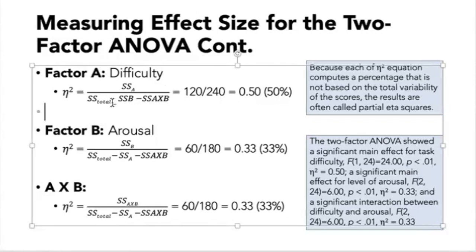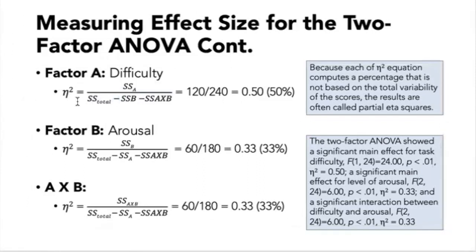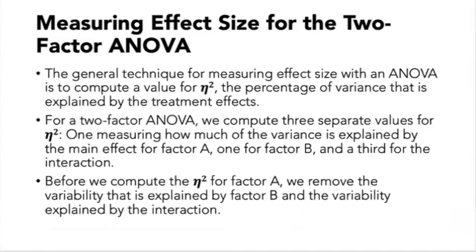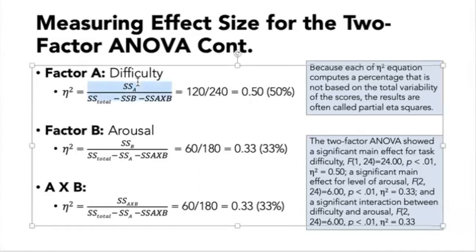Here eta squared is calculated for the main effect A, that is sum of squares A divided by sum of squares total minus the sum of squares for B and A into B, the interaction, because we need to separate the amount of variance accounted for by factor A, and for that we have to remove B and also the interaction.